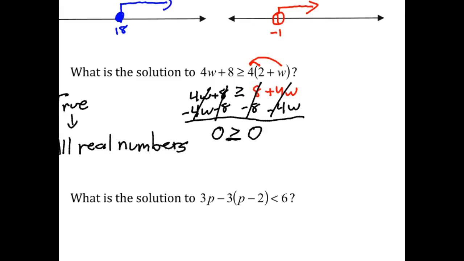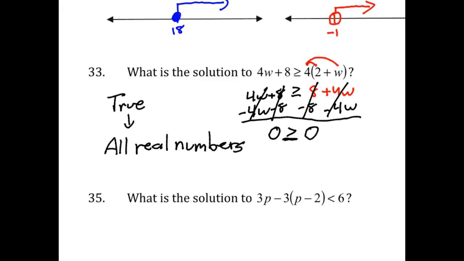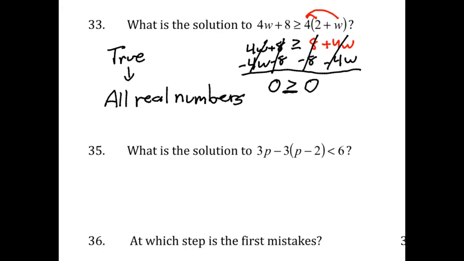Okay. Now let's go back to the other special case, 35, and that is where we'll see again the variables canceling out. Get positive 6 here, by the way. Negative is positive. So we'll have, bring down the 3p and the 6. These are on the same side, and they equal 0.